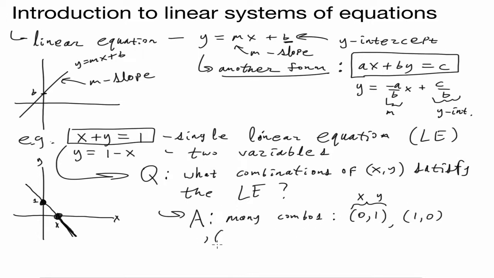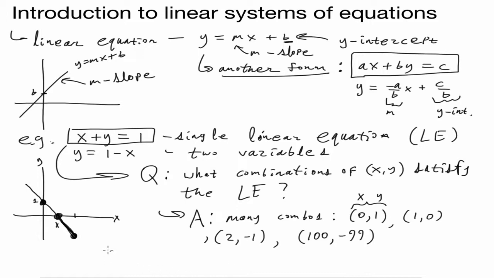You can think of others. I could, of course, go 2 and minus 1, and that's going to be right here. And we could do 100, and then y would have to be minus 99.